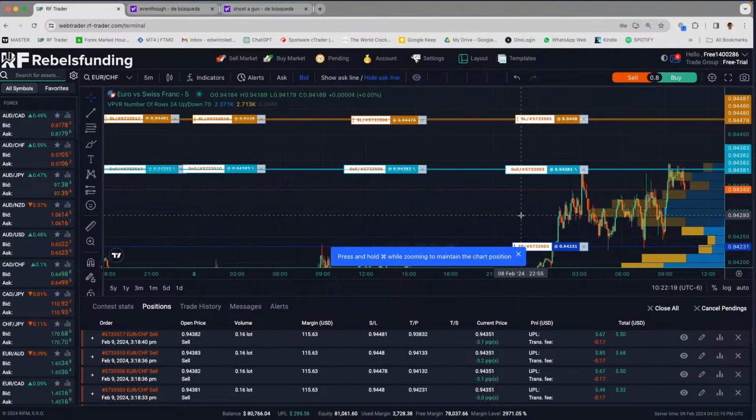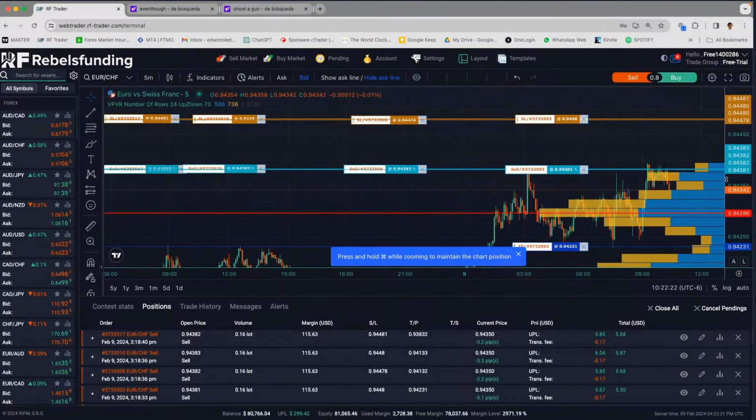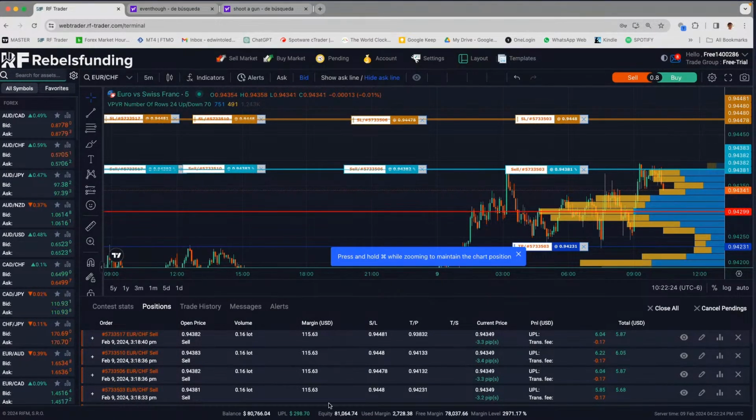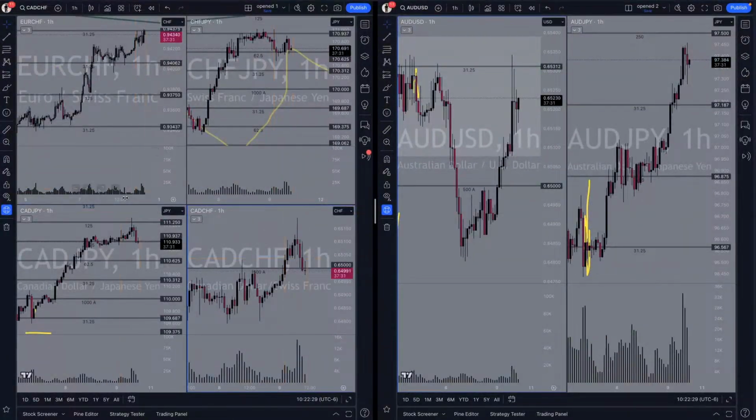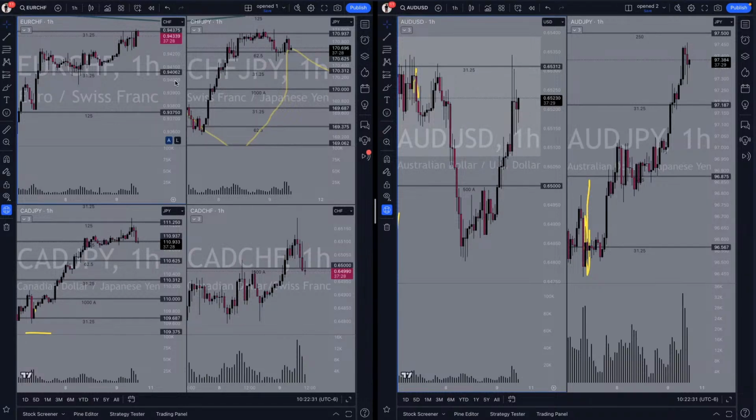So either CHF is going down nicely, but the trades that are coming up, CHF, AUD USD, and AUD Gen look like they might just go up. CAD Gen, CAD CHF are at the place where both of them could go backwards.